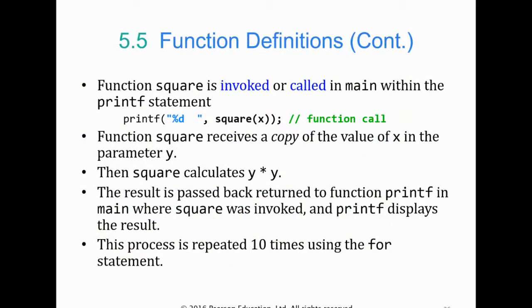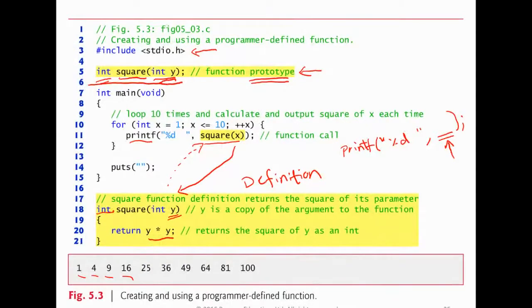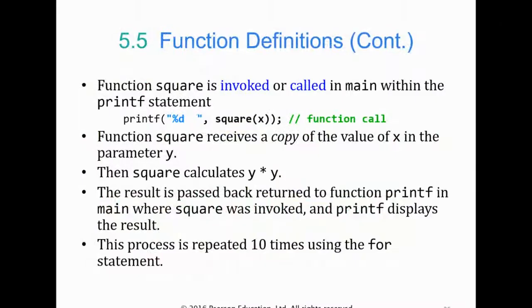Because we are putting this inside a loop, our loop repeats 10 times, so we get 10 function calls, and 10 times we are printing the square of the value of the variable x.